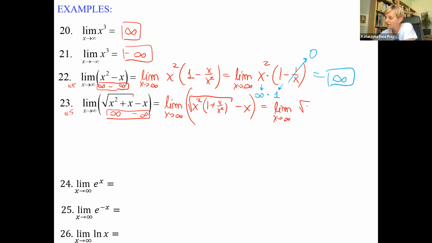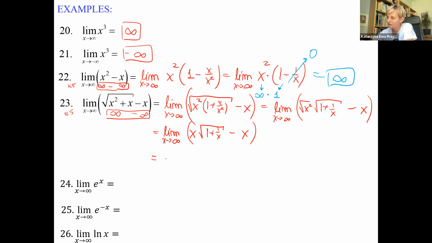Now I can rewrite as the square root of x squared and the square root of 1 plus 1 over x, minus x. And now the square root of x squared, everything is positive, I can rewrite as x, and then the square root of 1 plus 1 over x, minus x.